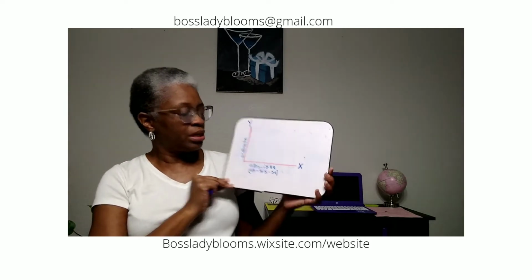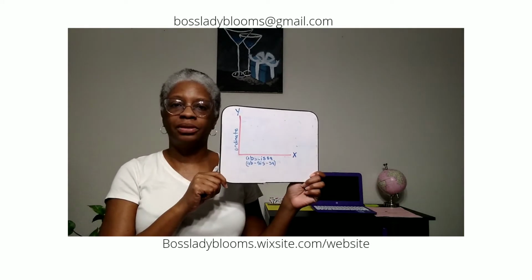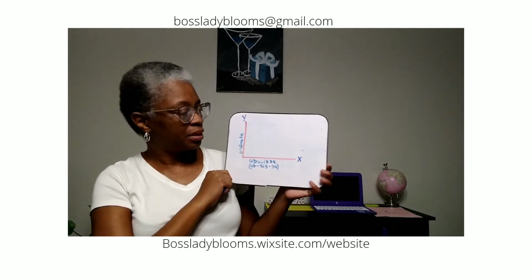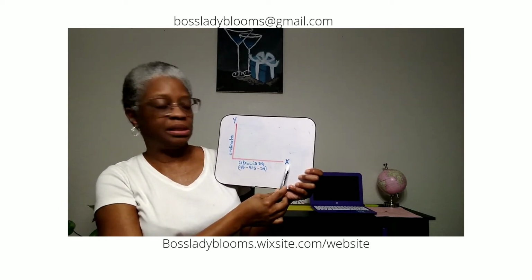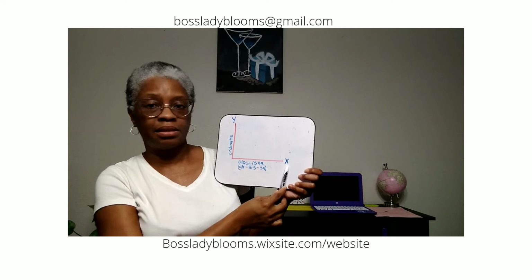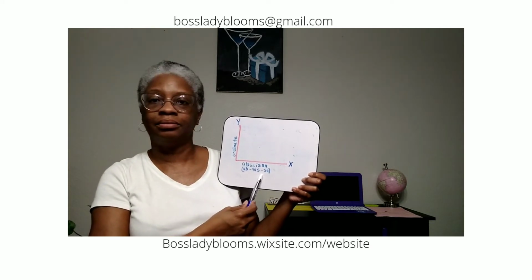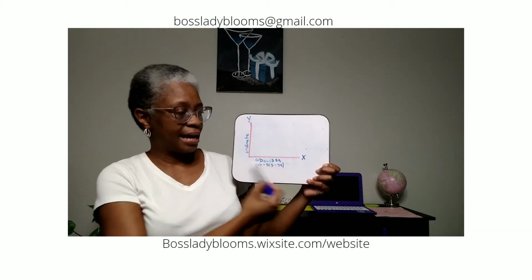So this is a line graph. The line graph is the most used graph in ABA. We have the horizontal line, which is the x-axis, which is also called the abscissa. The abscissa. Big word, just means the x-axis.